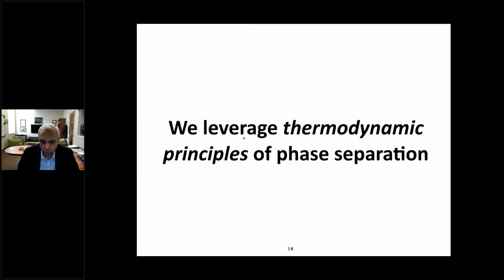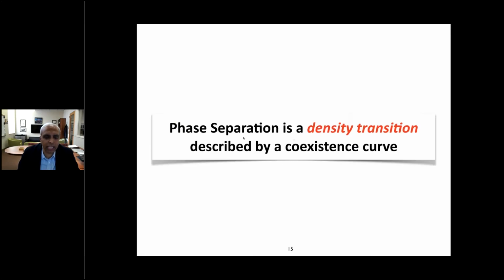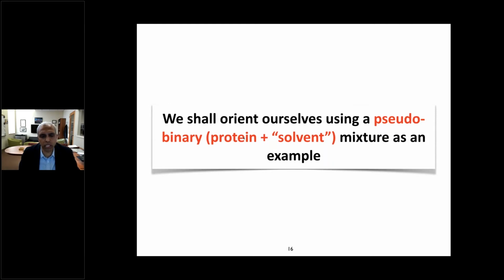In order to do so, we will draw upon the thermodynamic principles of phase separation, which plunges us into thinking about a coexistence curve, which basically defines the phase boundary between a dense and a dilute phase. And what I will do is take a simple example of what I'll call a pseudo-binary mixture.